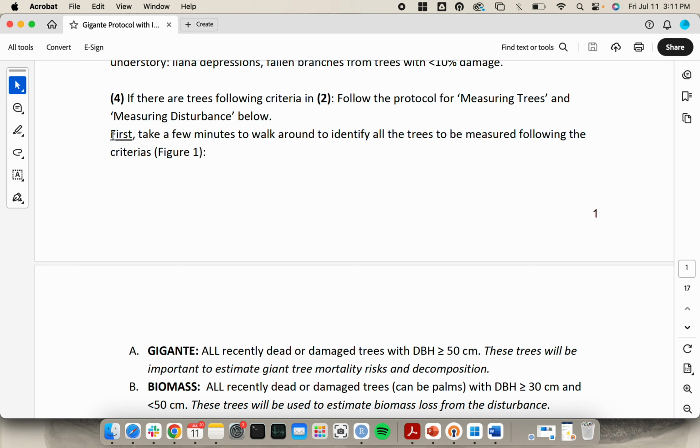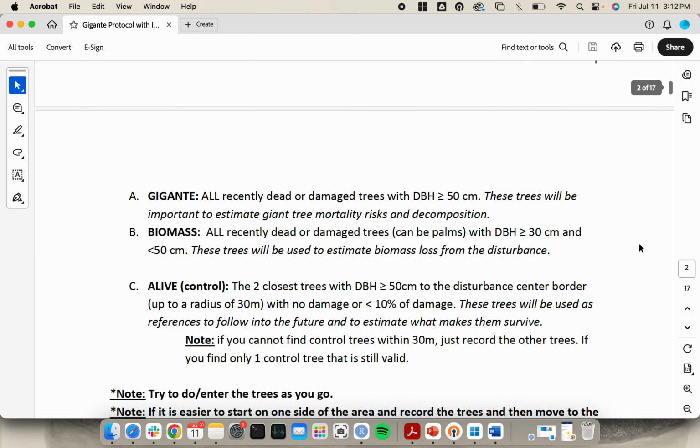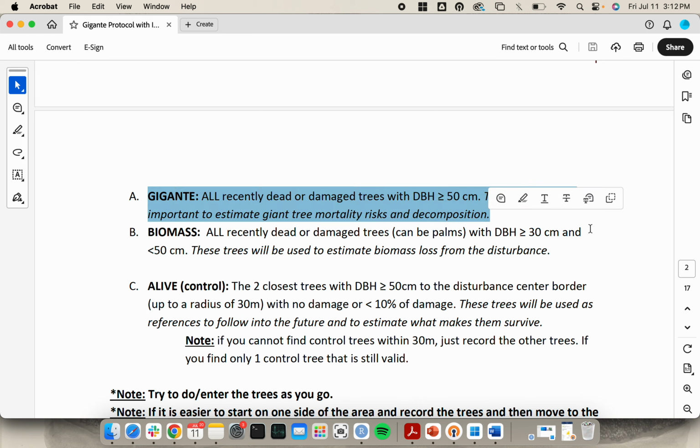So remember, the first thing you have to do is walk around the gap and try to identify what are the trees that you're going to be measuring. So basically, what are the trees with diameters higher than 50 centimeters that are damaged by the current disturbance? You look at them and you're like, yeah, this is going to be a gigante tree.